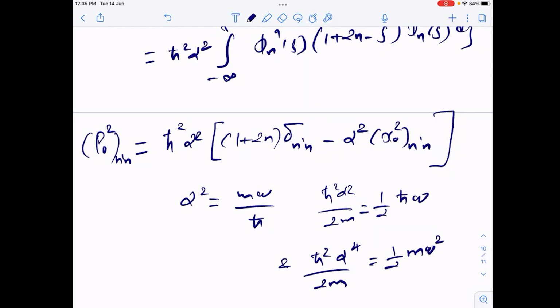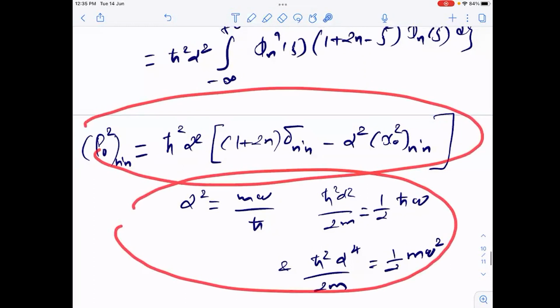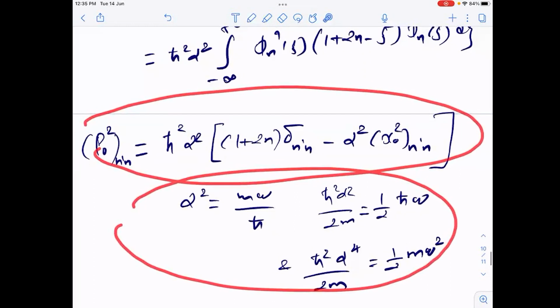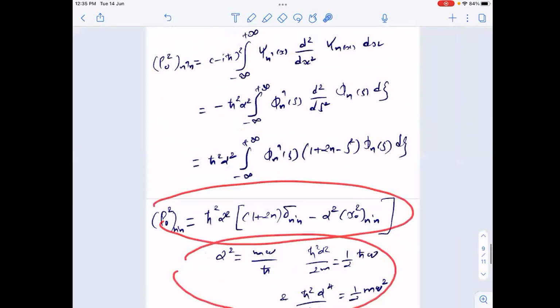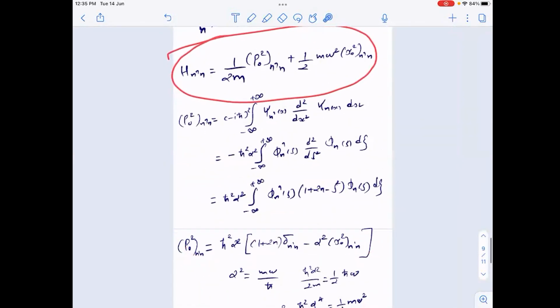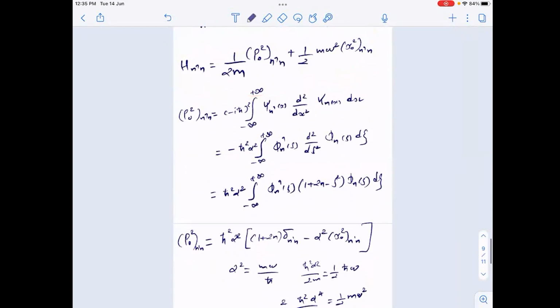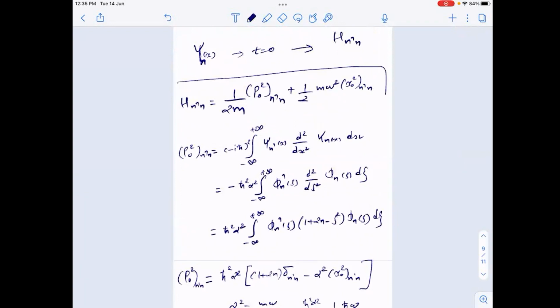Okay. So now we are going to use these, and we are going to substitute them where? In our H n dash n equation. Can you do this? So if I do all this substitution, let me give it a box.